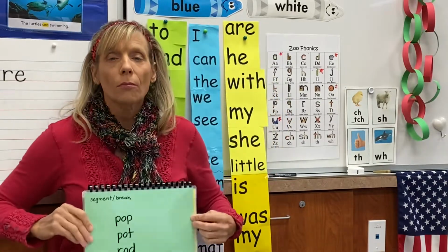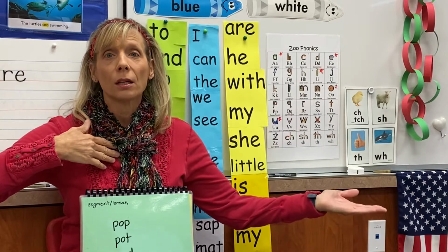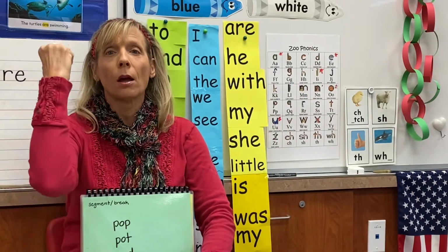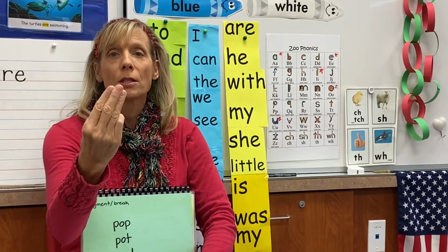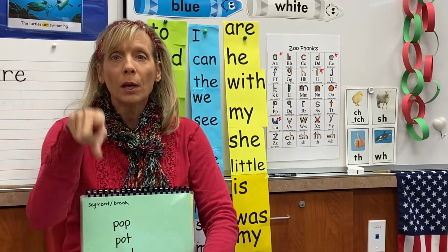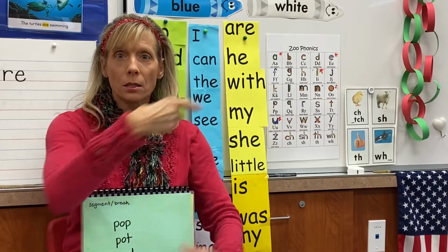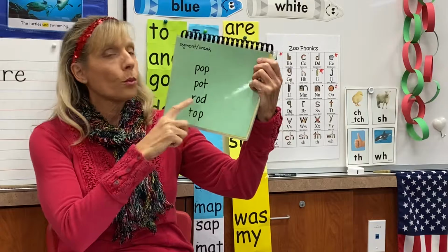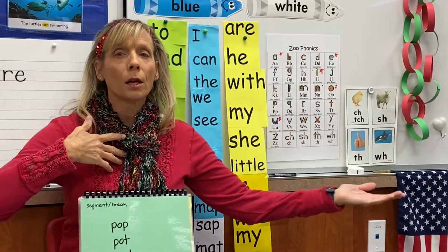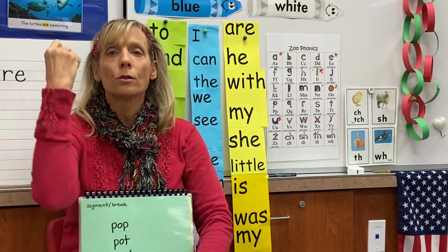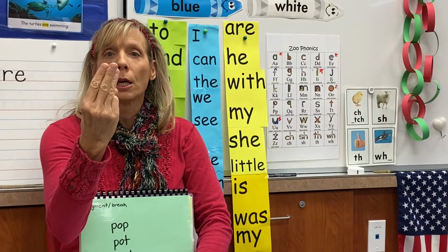Pot. Break. P, ah, t. Pot. Break it on fingers. P, ah, t. Pot. Write it. P, ah, t. Pot. Rod. Break it. R, ah, d. Rod. Fingers. R, ah, d. Rod.